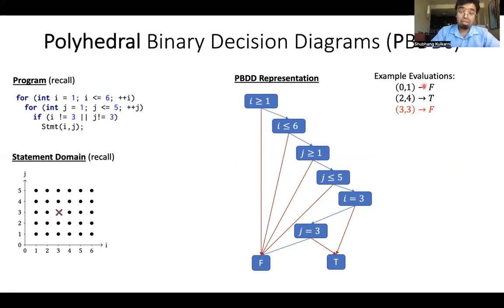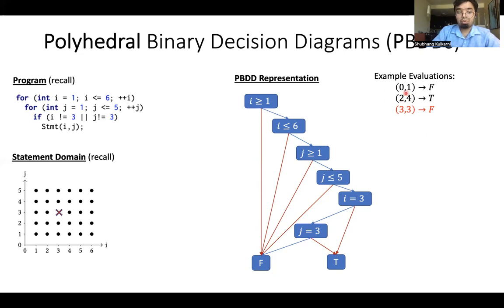Now, the evaluation of a point in the iteration domain is as follows. We know that 0, 1 is not in our polyhedral set because the constraint i greater than or equal to 1 is directly not satisfied. So we directly follow the false branch, or the left branch, in our binary tree representation, and we reach false. So the PBDD evaluates to false.